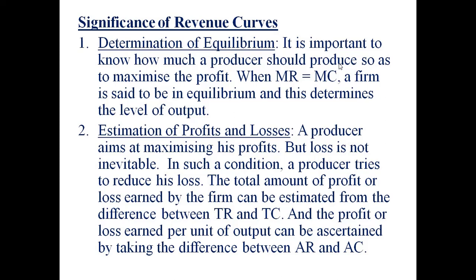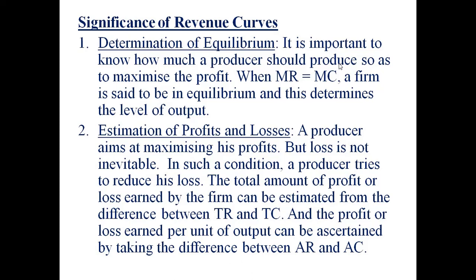When marginal revenue is equal to marginal cost, we can say that a firm is in equilibrium, and at this point the level of output will be determined. You can also understand this situation through the price mechanism, that is, demand and supply, but here we are understanding the equilibrium from the point of view of marginal revenue and marginal cost.